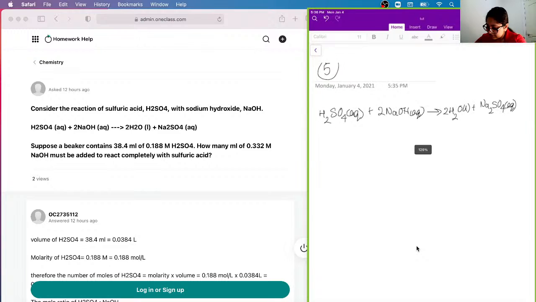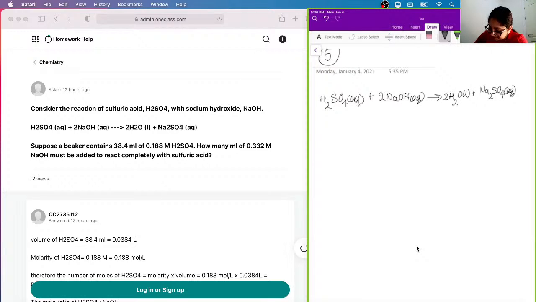And so we're trying to find out the volume of NaOH, right? We are given the volume and the concentration of sulfuric acid, and the concentration of sodium hydroxide.